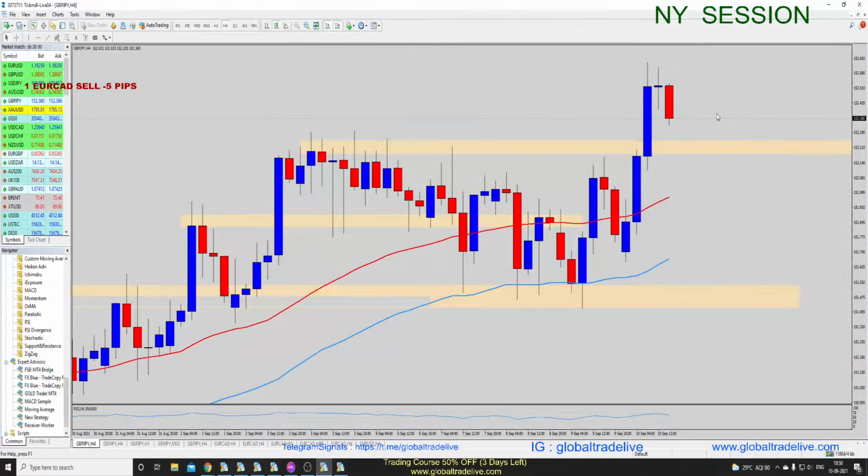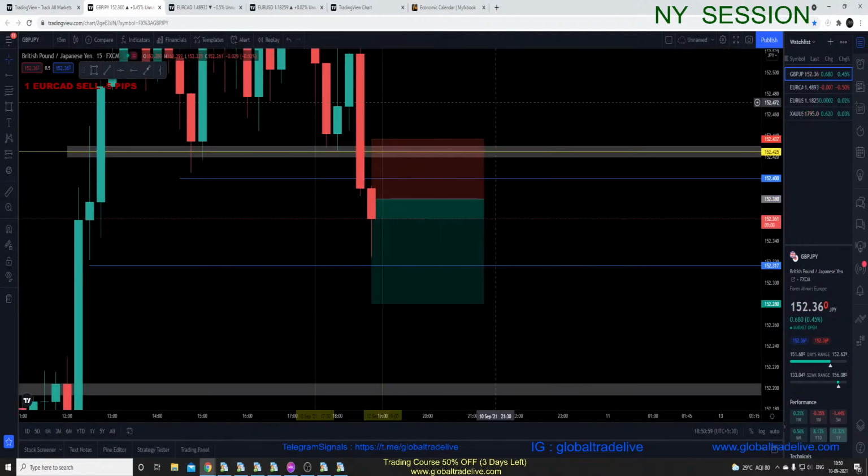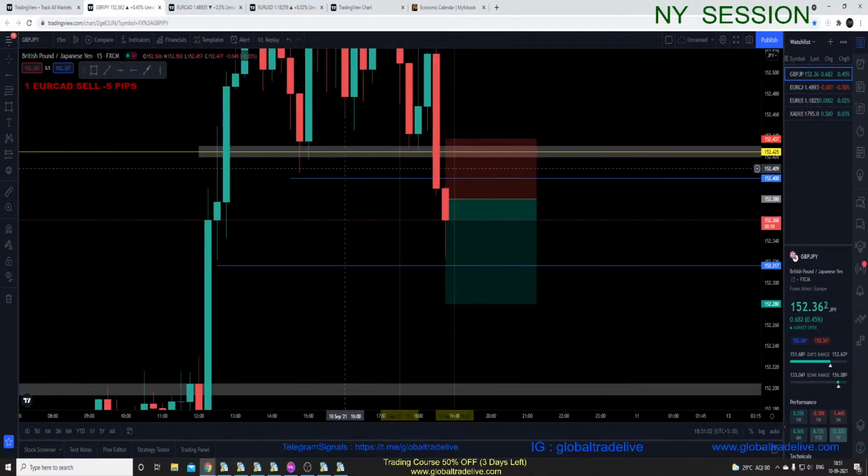I thought that this 4-hour candle was retracing all the way back, but it just came all the way down. So there is a very low chance that it will retrace back. But if that happens, then obviously I'm going to manage the risk.